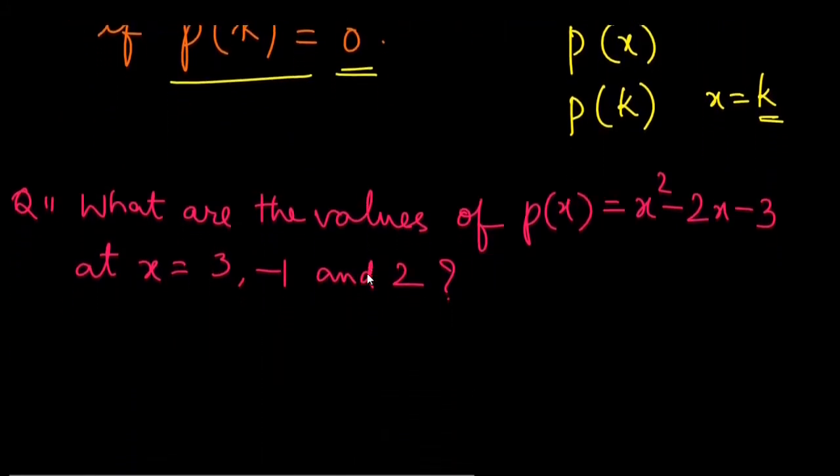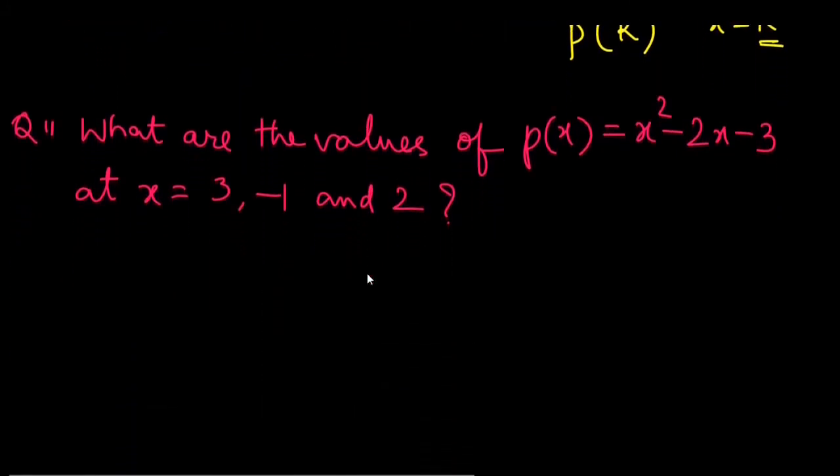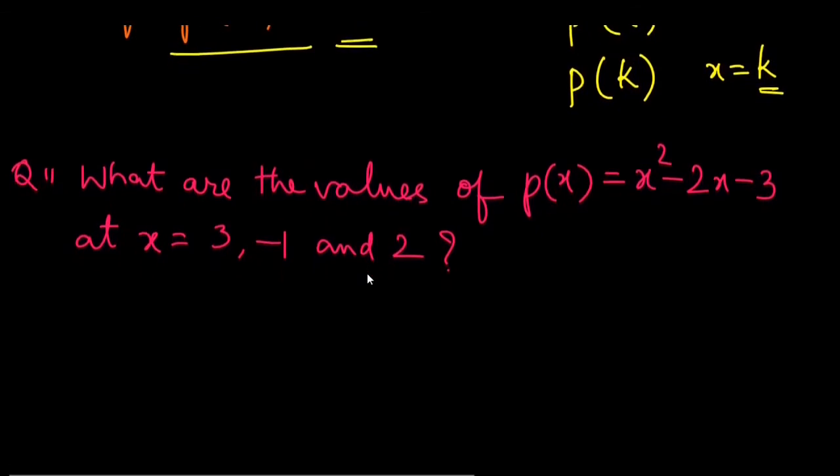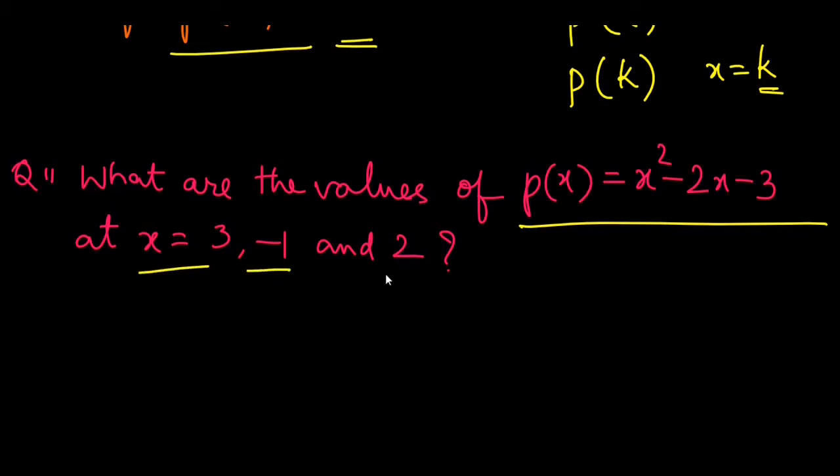Let us see some examples here. Let us find the values of a polynomial p of x at x equal to 3, x equal to minus 1, x equal to 2. Let us check whether we will get the value of polynomial as 0.